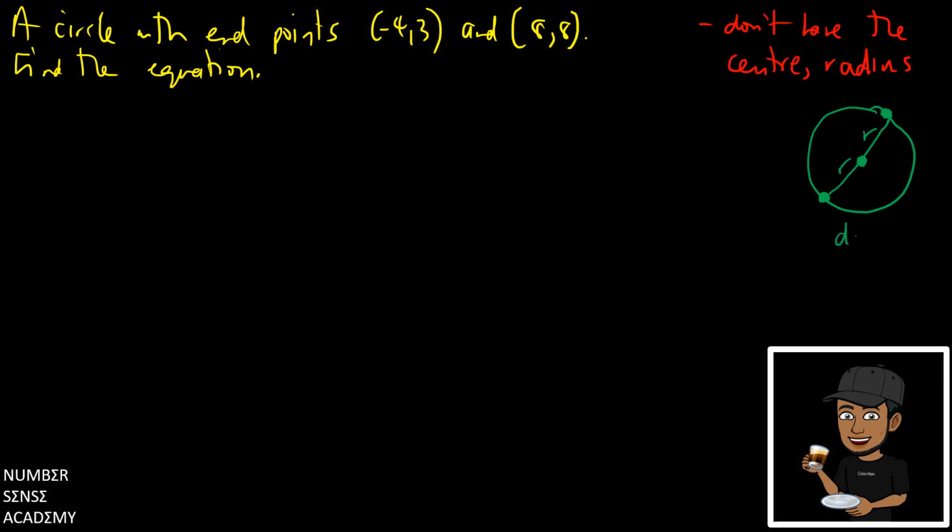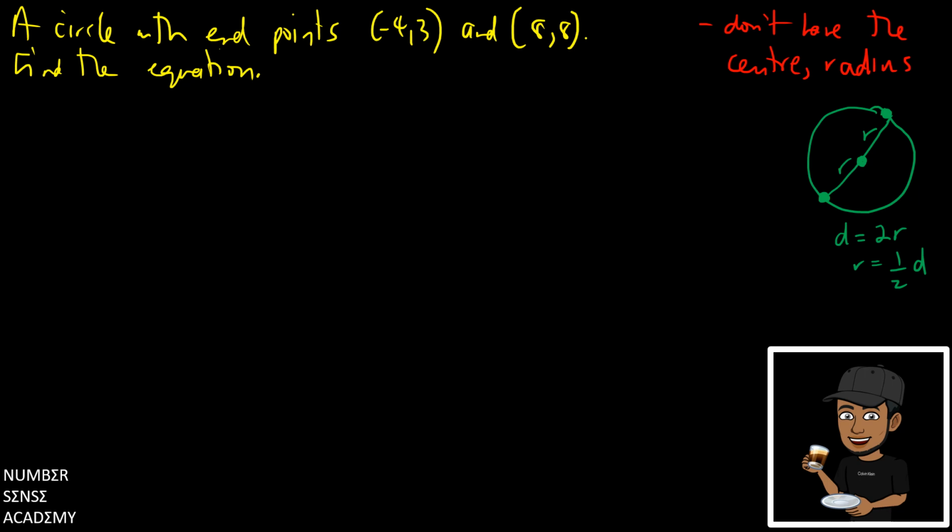So the diameter is equal to 2 times the radius, or the radius is just a half of the diameter. So once we find the diameter, we could take a half of it and then we have our radius. How do we find the length of the diameter? Well, you guessed it, we're going to use our distance formula.